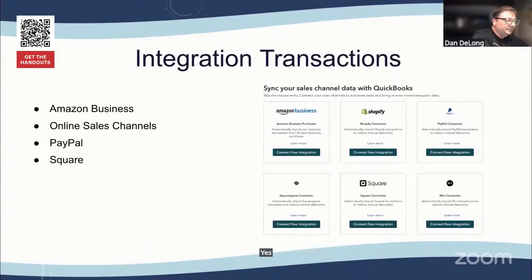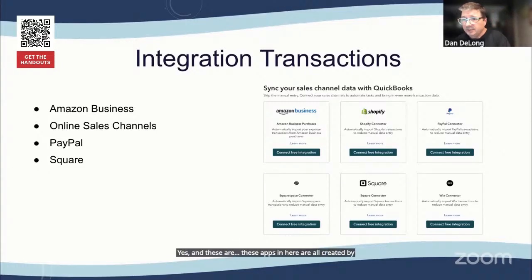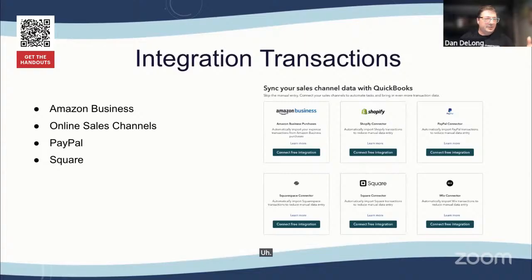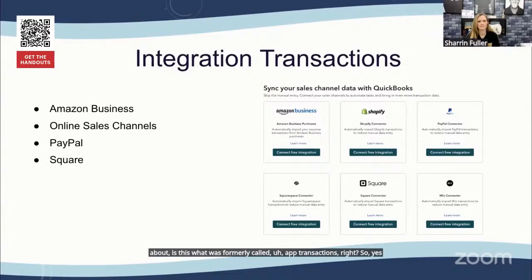Yes, and these apps are all created by Intuit, right? So all the ones that are in here, they used to be called app transactions. Somebody was asking on YouTube about, is this what was formerly called app transactions? So yes, that's the name change that's going on.